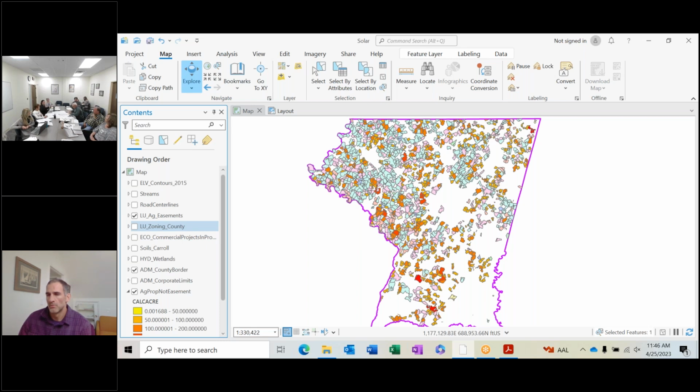I'll just pipe up, the whole conversation about the 50 acres seems to make sense from the standpoint of, if you get the rest in easement, you're getting at least what you have in solar and easement. So that's logical from the objective of the Farm Bureau.